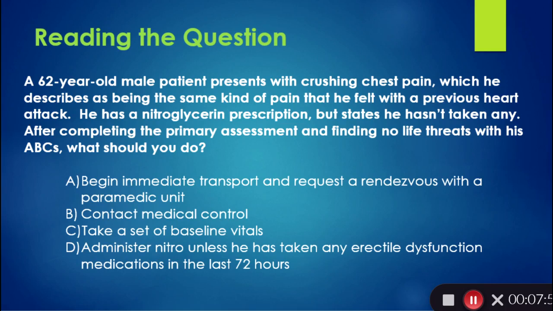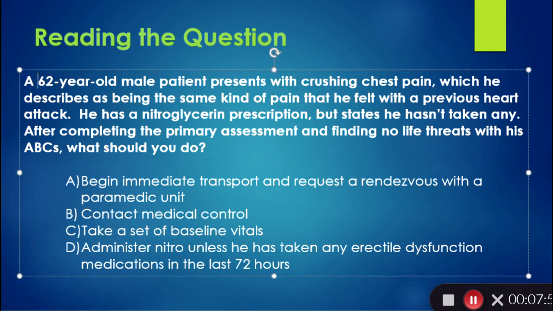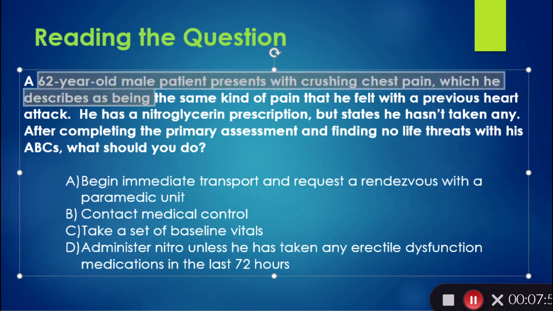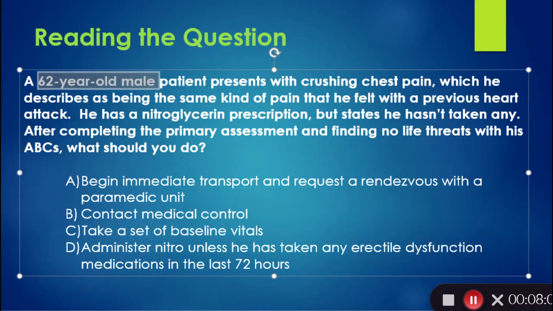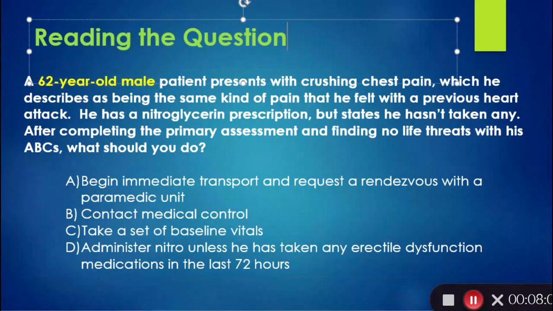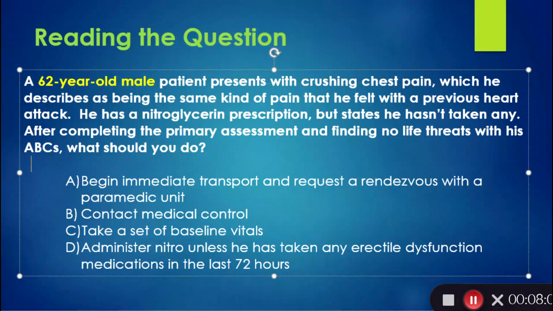Let's look for abnormalities here. Okay. So we have a 62-year-old male. That's significant. I mean, that tells us something about our patient. Okay. And he's got crushing chest pain. That's definitely an abnormality, which he describes as being the same pain he felt with a previous heart attack.